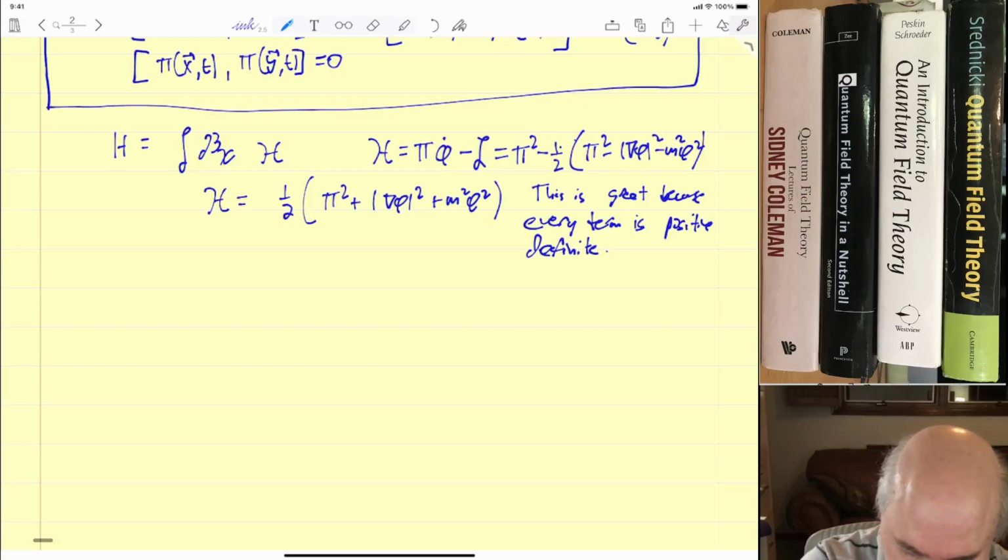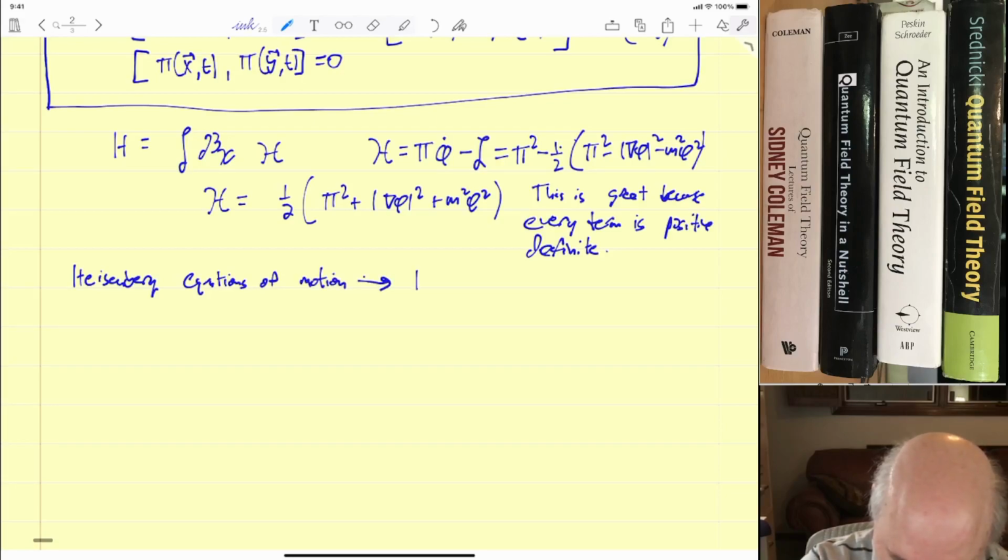So now I'm going to do something we did last time in the classical context. I'm going to show that the standard Heisenberg equations for operators in the Heisenberg picture are the same as Hamilton's equations.